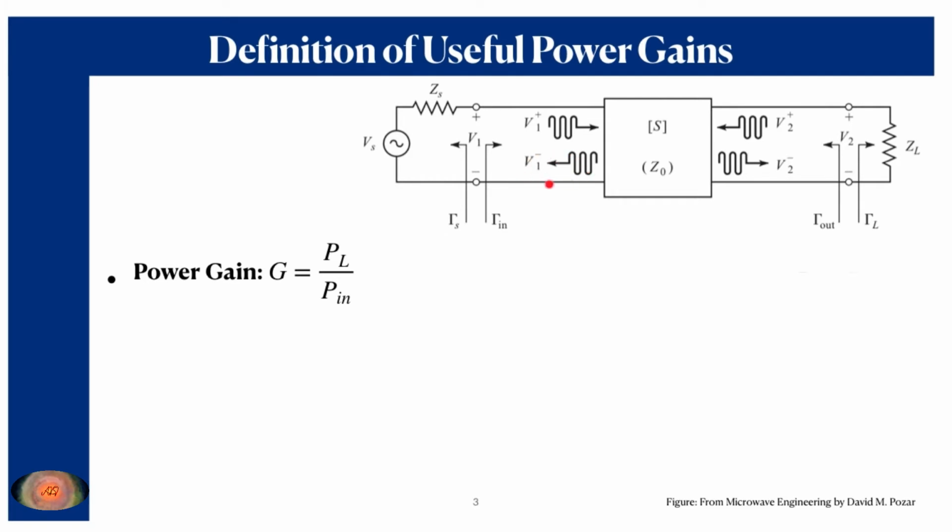So this reflected voltage wave is caused due to the mismatch of the input impedance and the characteristic impedance of the transistor. Similarly, if there exists a mismatch between the input impedance and the source impedance or the source impedance and the characteristic impedance, there also will be a corresponding reflection coefficient associated with the incident wave and the reflected wave.